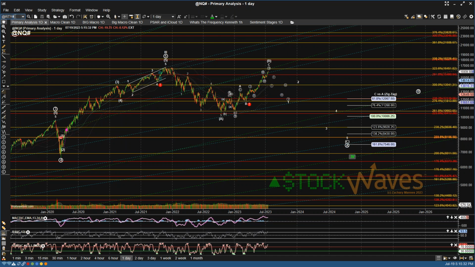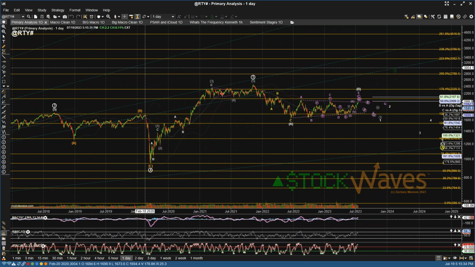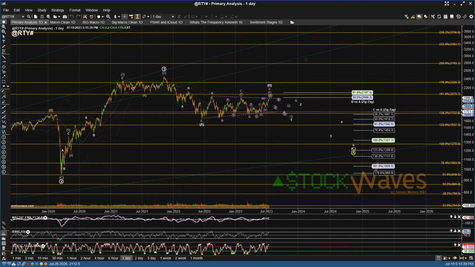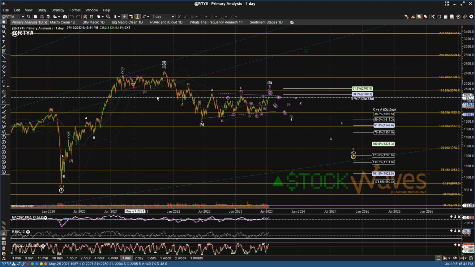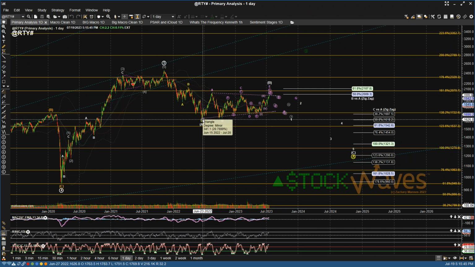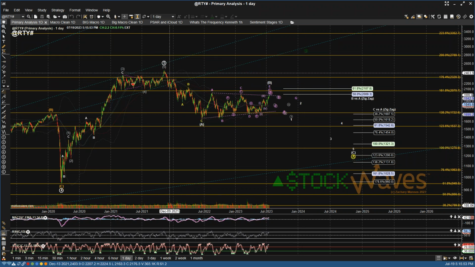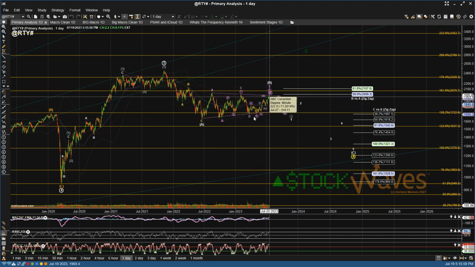The last index that I want to look at is something that does look very, very different, and that is the Russell. I think this is almost impossible to reliably count as a fourth wave still, but more than this not being able to count as a fourth wave, making this very unlikely, it counts very, very much like a triangle.